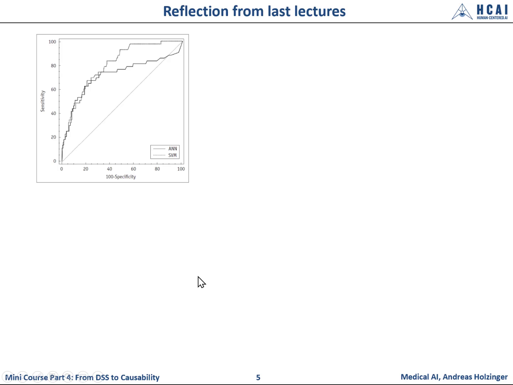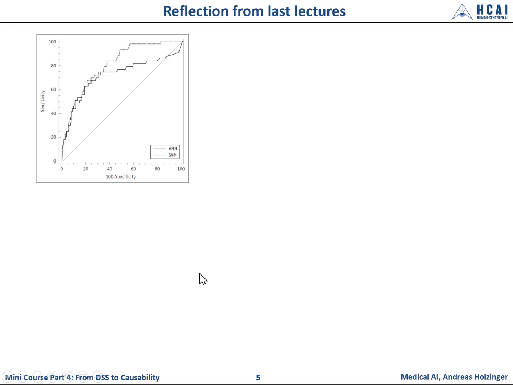So what do you see in this picture? What is this? Yes, this is the famous receiver operating characteristic curve. The area under the curve is a direct measure for the performance of algorithms.